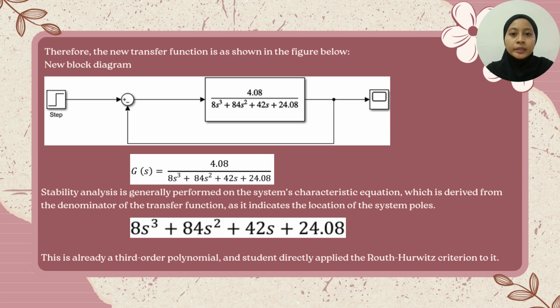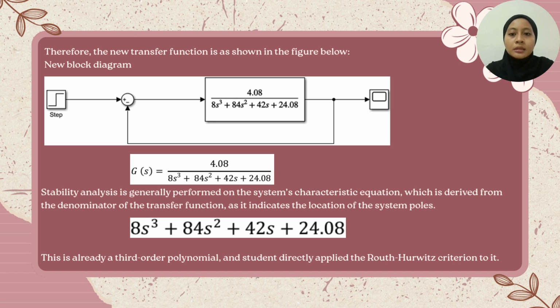In the new block diagram, the numerator is 4.08 and the denominator is 8s cubed plus 84s squared plus 42s plus 24.08.